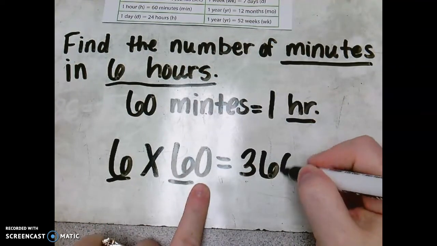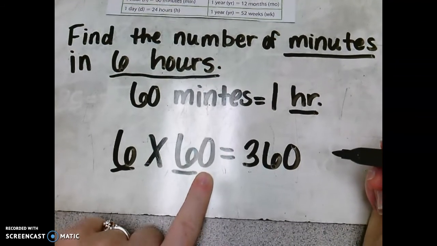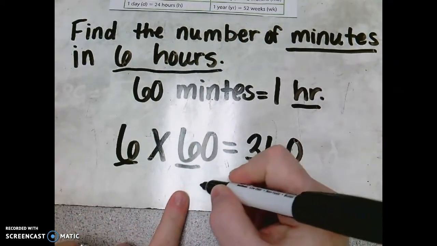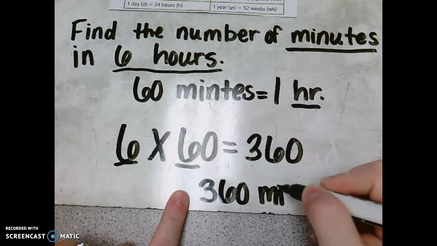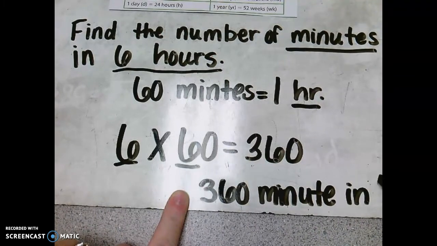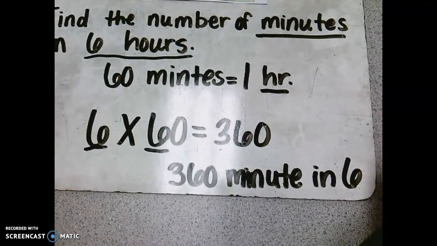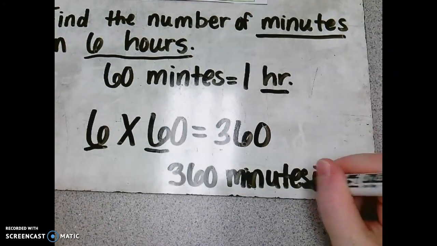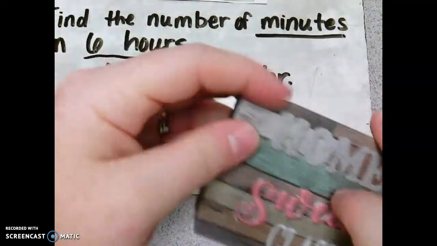And we have 1 zero, so I'm going to add that zero at the end of our answer. Okay, so there are 360 minutes in 6 hours. Not too bad of a problem.